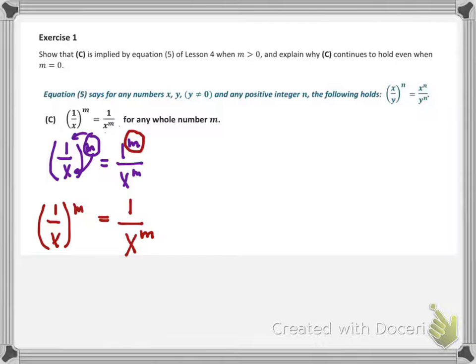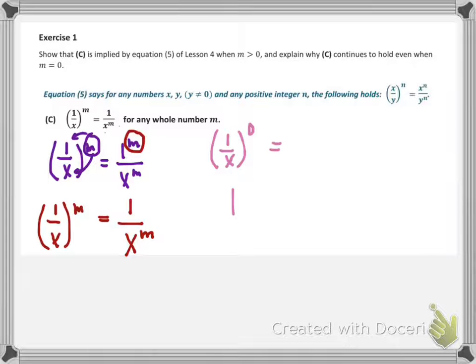Now let's talk about the left side. If we make m equal to 0, we have 1 over x raised to the 0 power, and anything raised to the 0 power is equal to 1. So the left side is equal to 1.